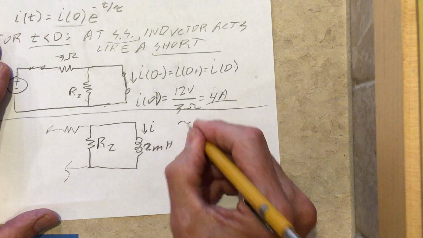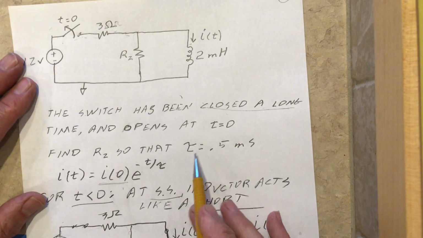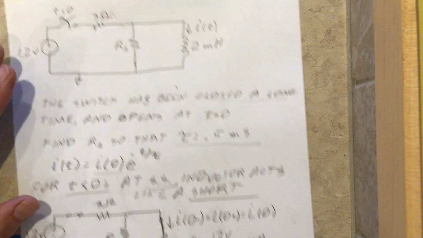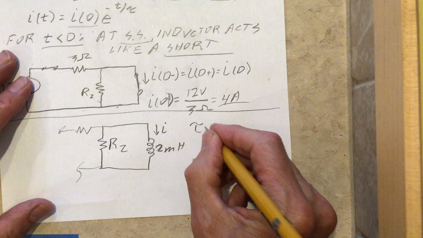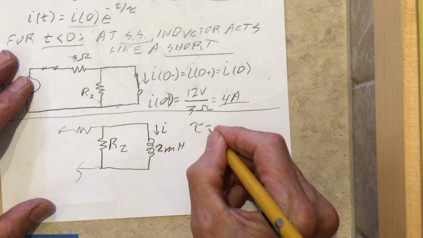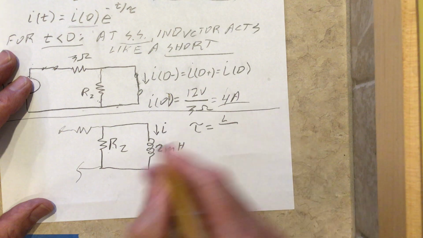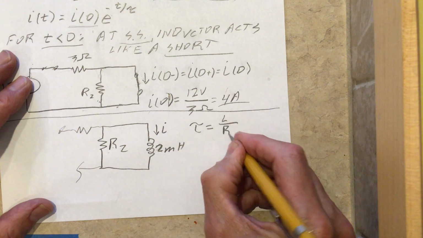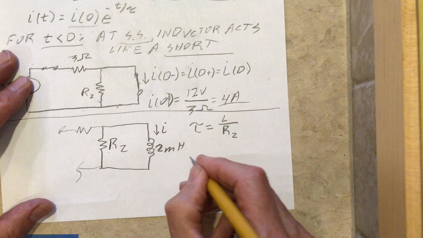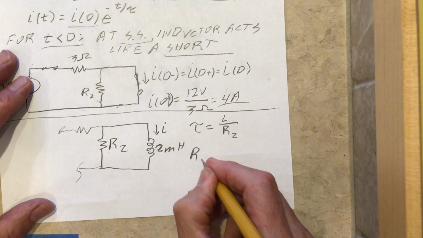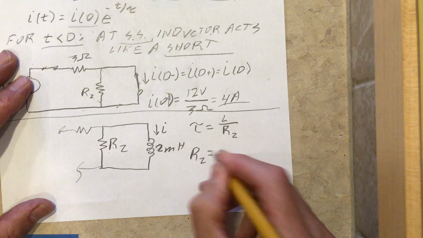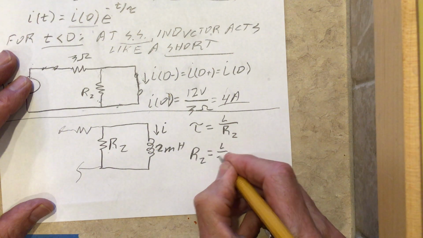We know that tau, we're given the information that tau is 0.5 milliseconds. So, and we know from this equation that tau is equal to L over R2. We want to solve for R2, doing a tiny little bit of algebra. R2 is L over tau.